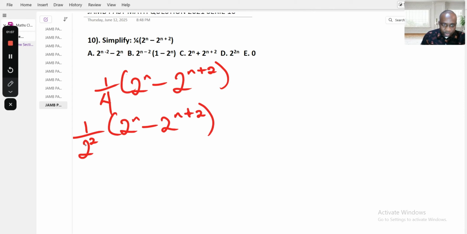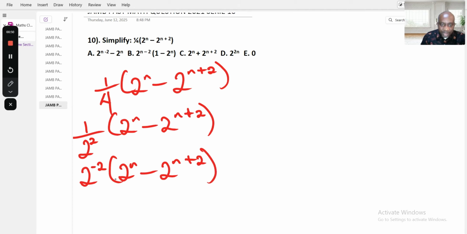Now let's bring it up. This 1 over 2 raised to the power 2, when we bring it up, is going to give us 2 raised to the power negative 2, times 2 to the power 2n minus 2, times 2 to the power n plus 2. Now let's open the brackets. How can we open the brackets with this base?